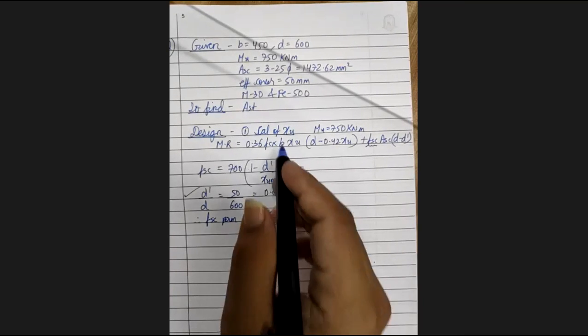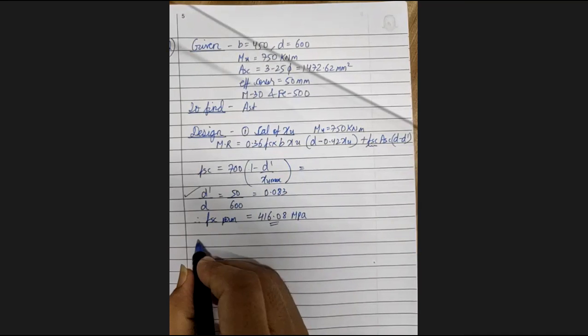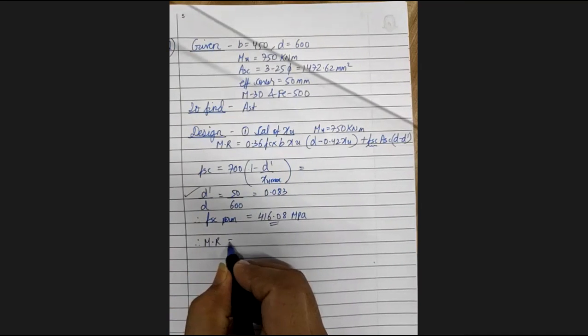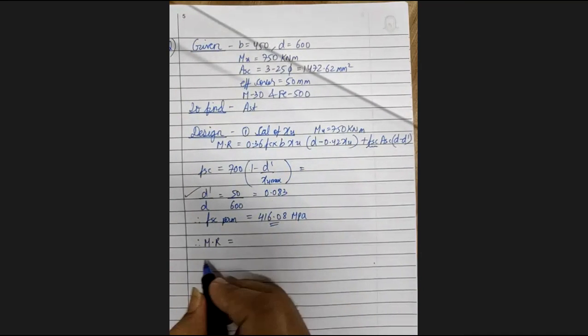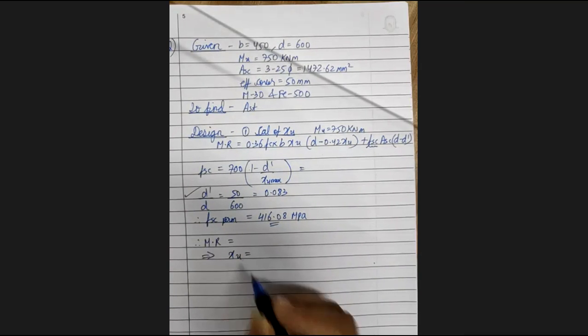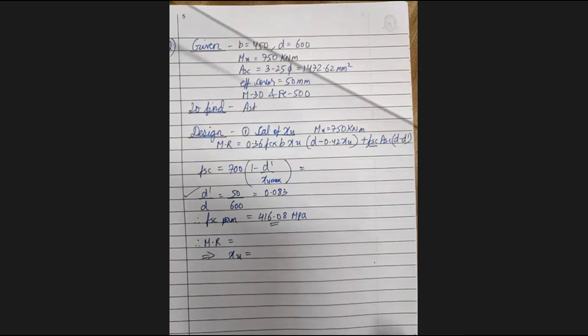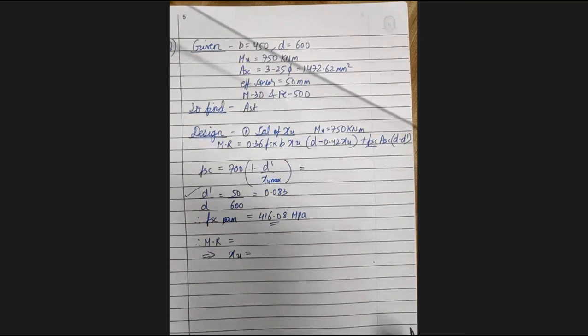Now we will find out the value of XU. So MR is equal to this, and give me the value of XU now. Others, please do simultaneously with me, those who have not done the problem, and give me the values.